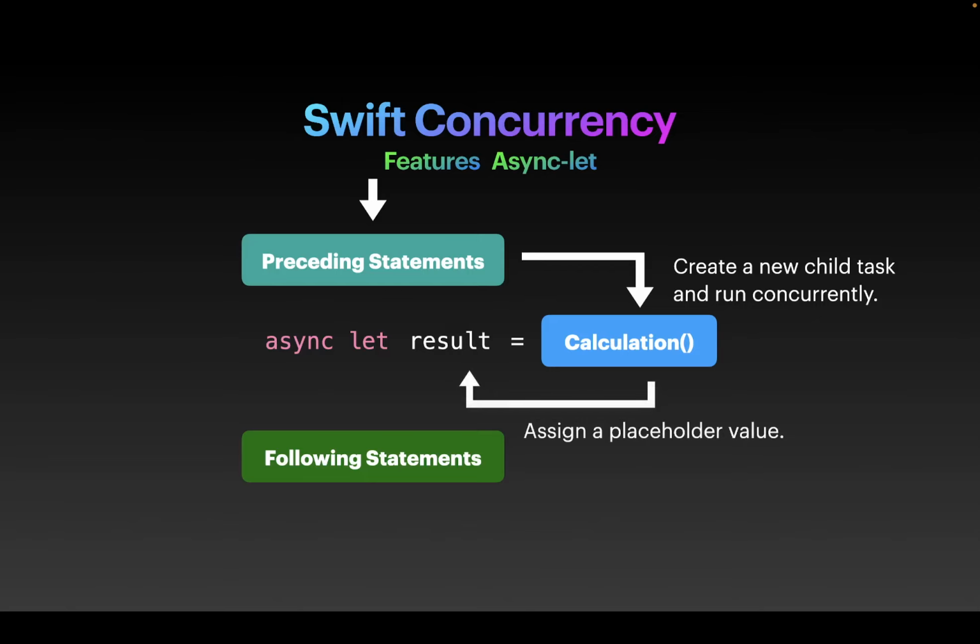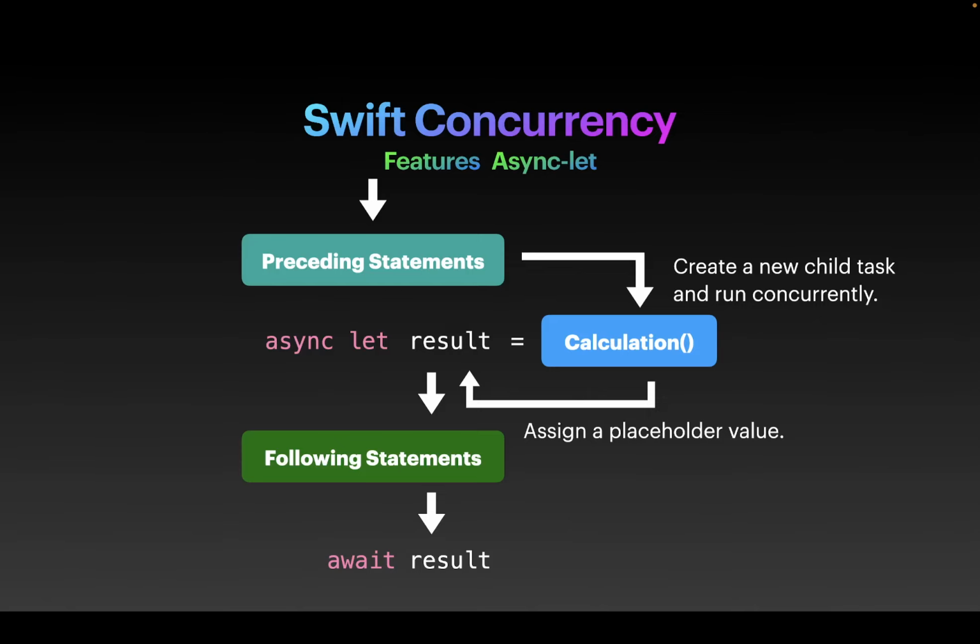In this case, the calculation just assigns a placeholder value to result. It's not a valid value, just a placeholder. All the code continues to execute without any interruption, and you execute the following statements until you reach a point where you actually want to use the result, and you say await result.